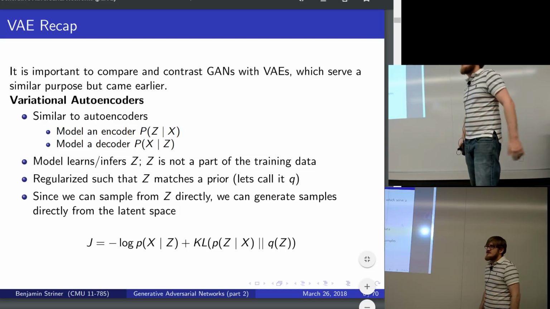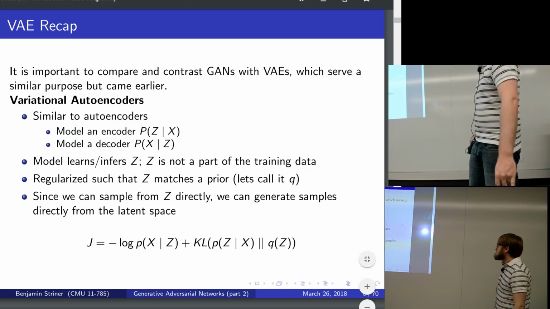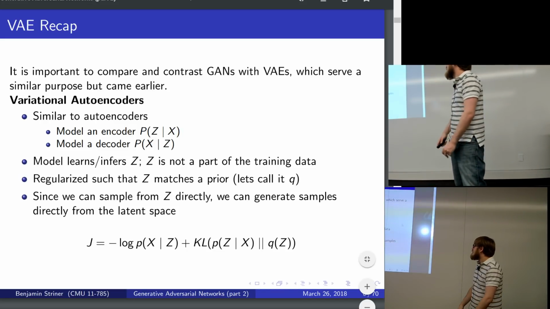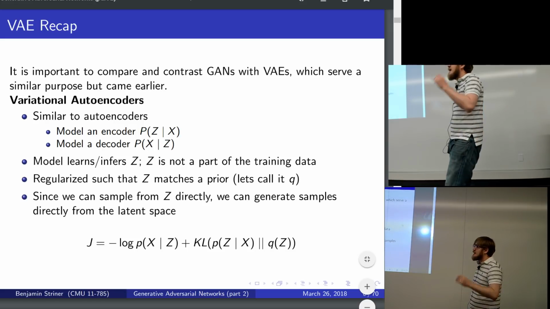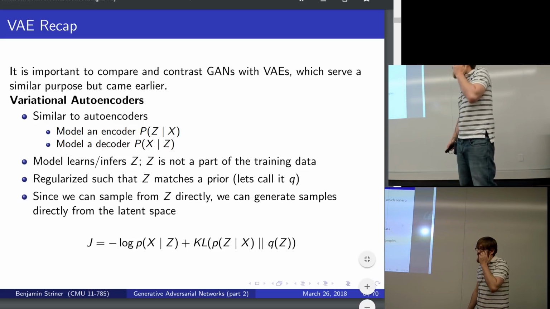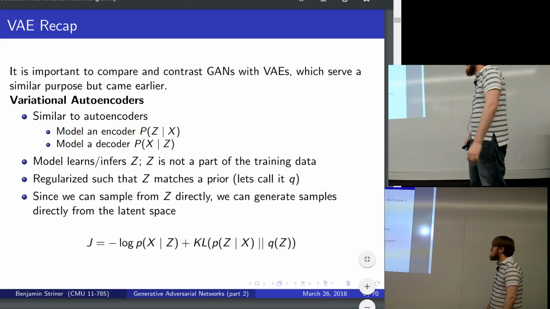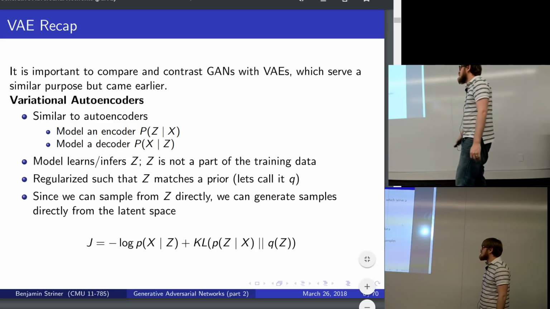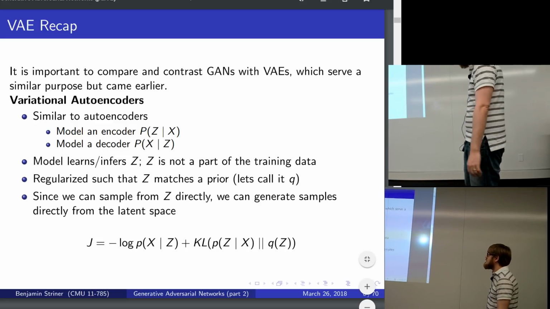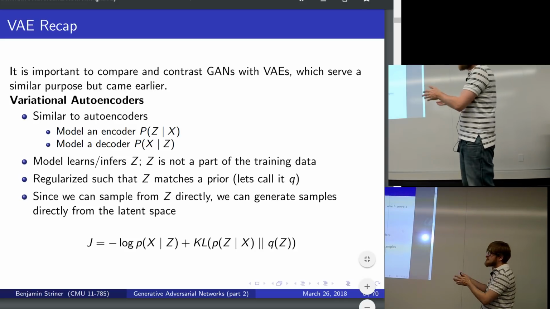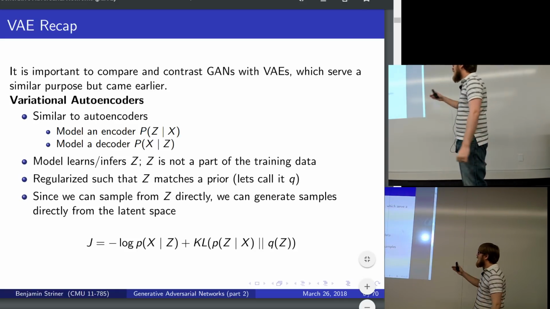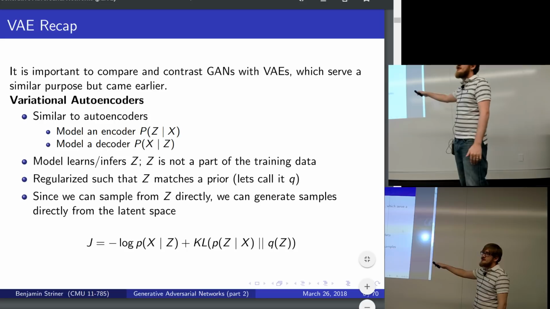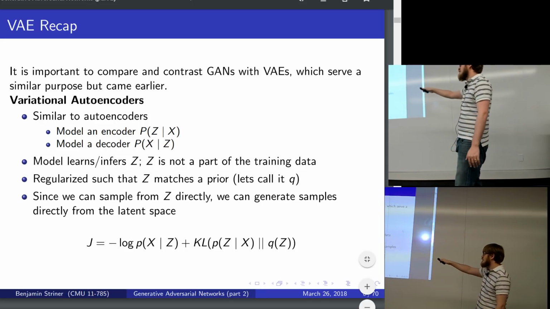Traditionally, Gaussian's the easiest. So we end up with something at the bottom. You see the negative log likelihood term on the left. That's traditionally called your reconstruction error. And then you have this KL term. So basically, it's 2 parts to your loss. You try to reconstruct your input as well as you can, while at the same time making sure your encoded distribution looks like a Gaussian. And that's how to interpret those 2 terms.